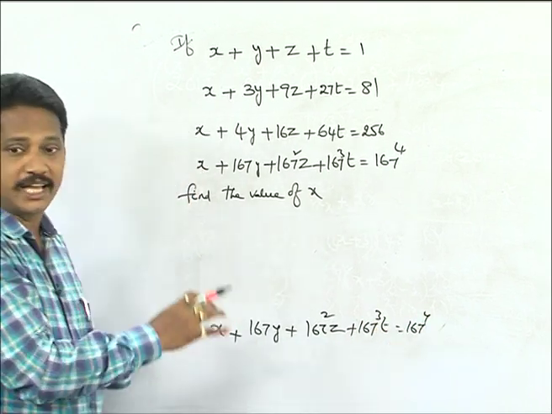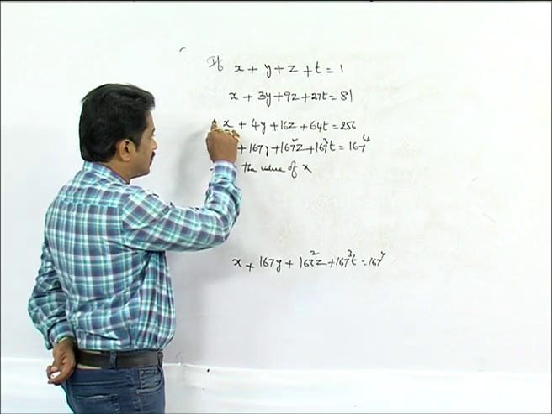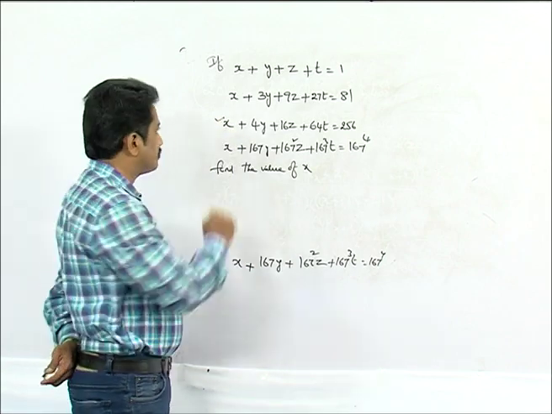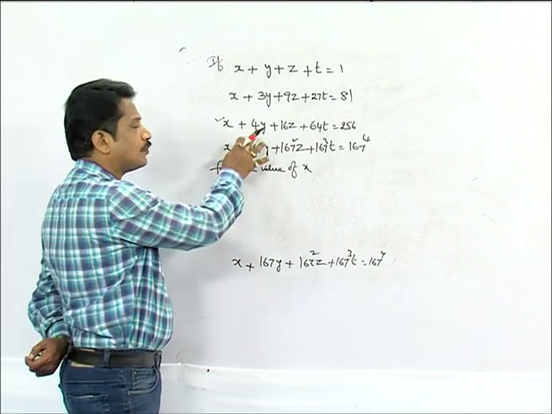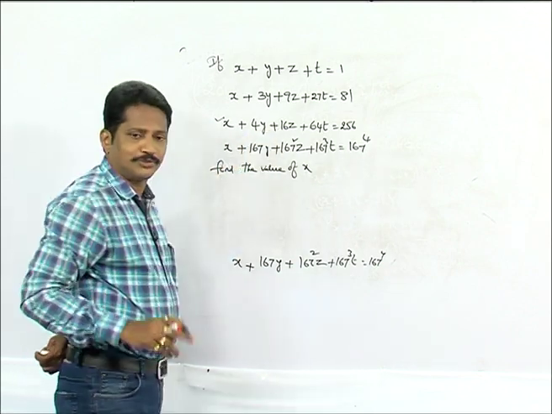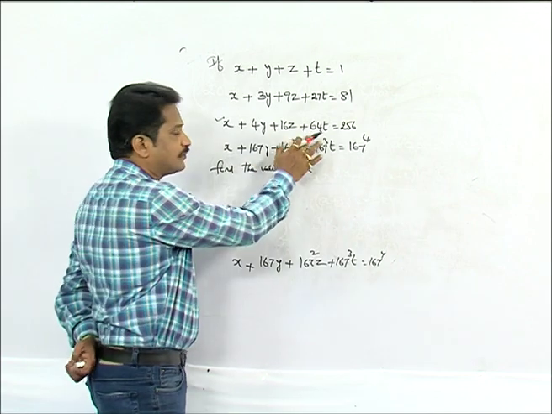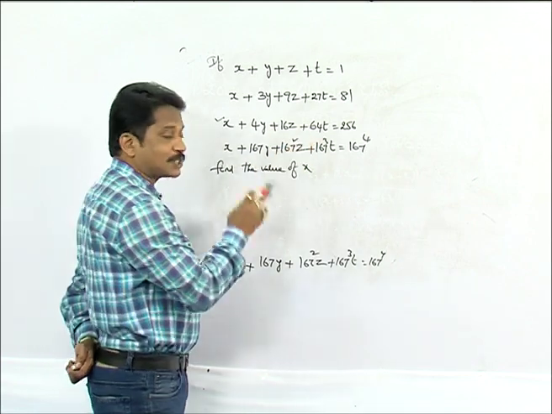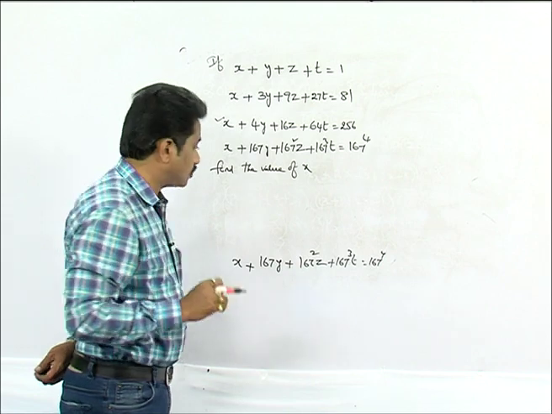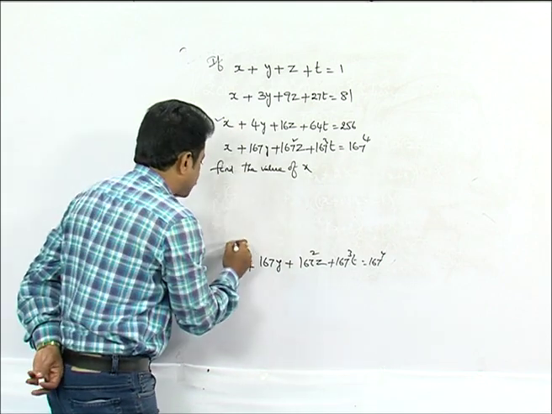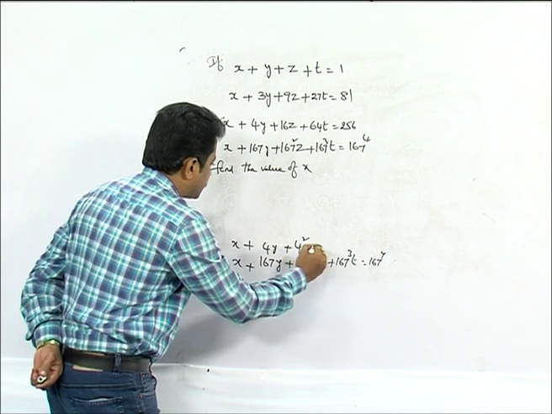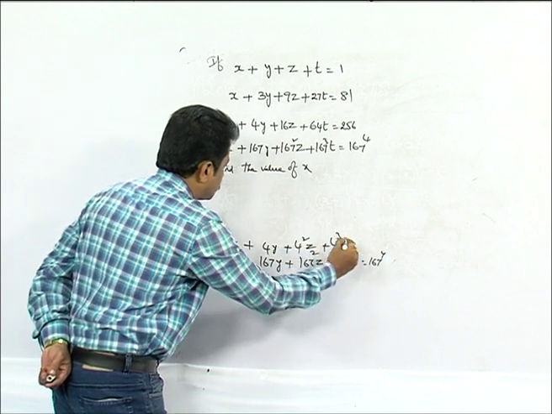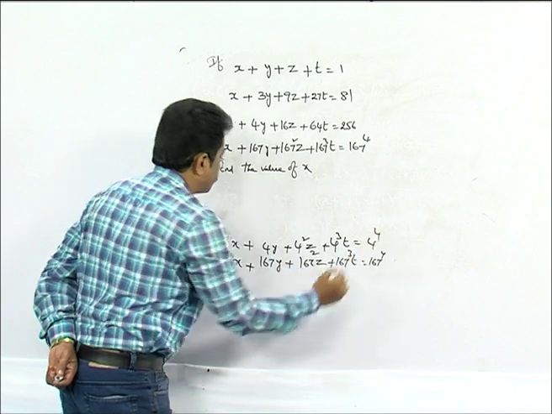Now, I am going to change the equation third from top and first from bottom. x plus 4y, okay. What is 16? 4 square. What is 64? 4 cube. What is 256? 4 to the power of 4. So, you can write this equation as x plus 4y plus 4 square z plus 4 cube t is equal to 4 to the power of 4.